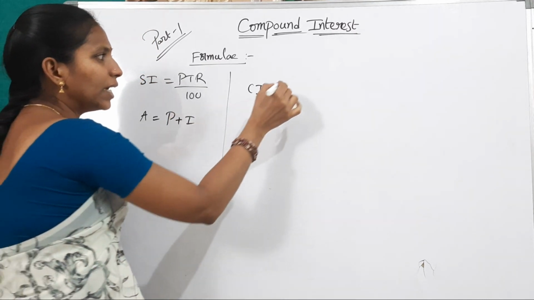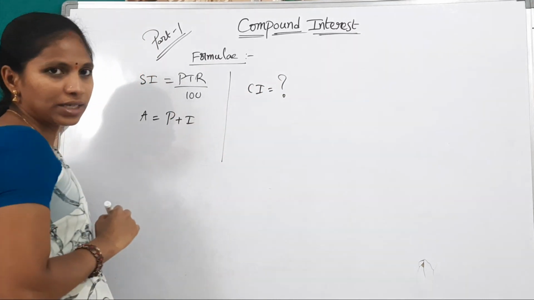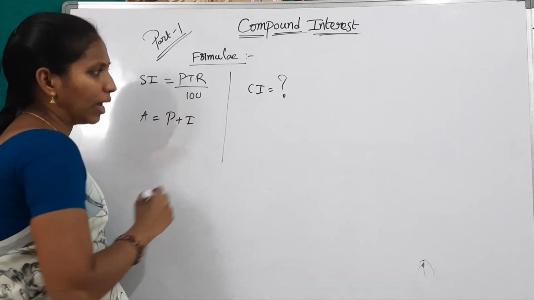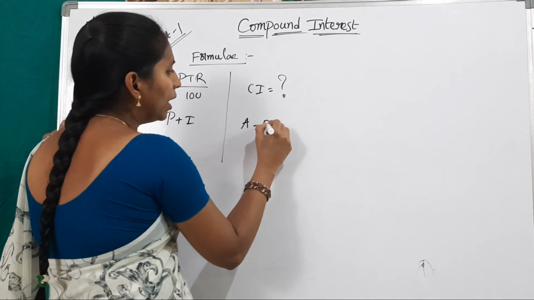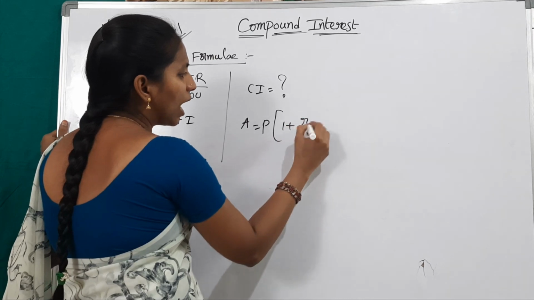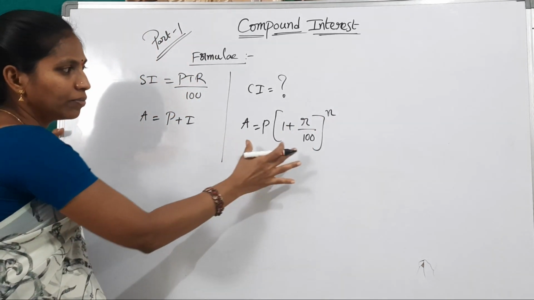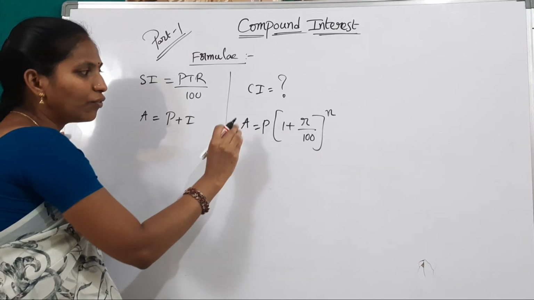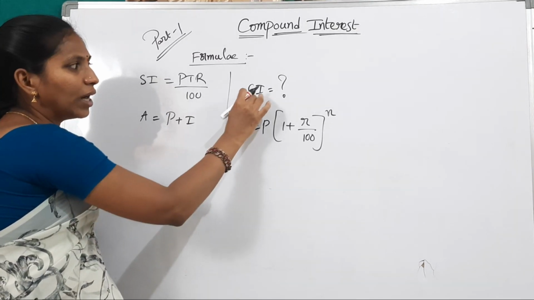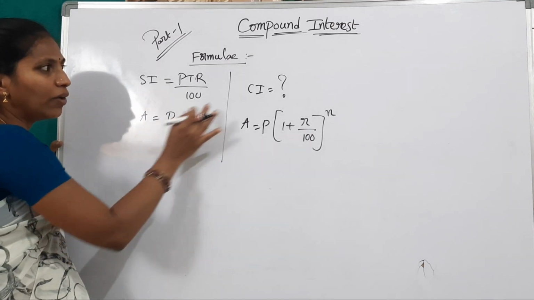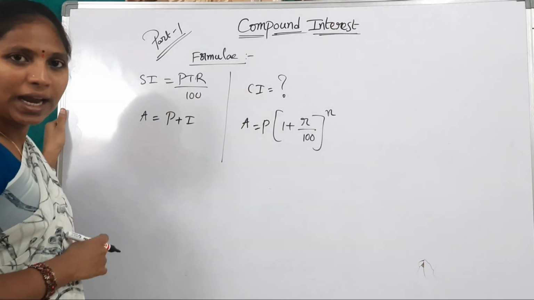There is no direct formula for the compound interest. From the amount formula, we can derive a compound interest formula. A equals P into (1 plus R by 100) whole to the power of N. This is the actual formula. By using this formula and this formula, you can find the compound interest.